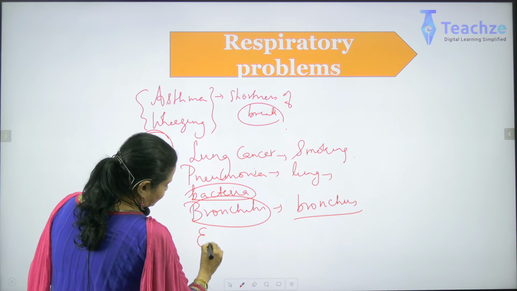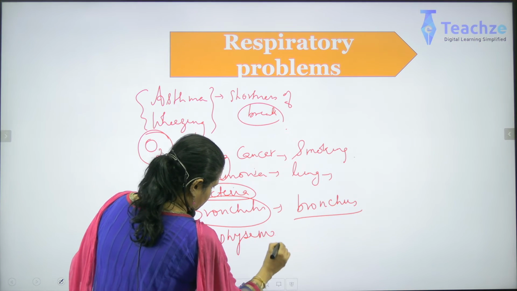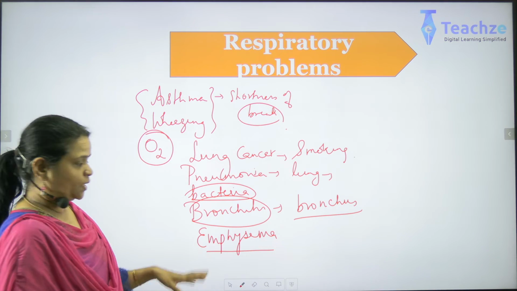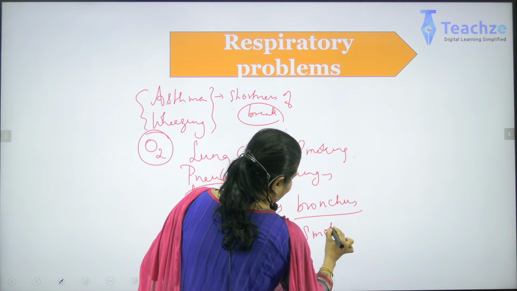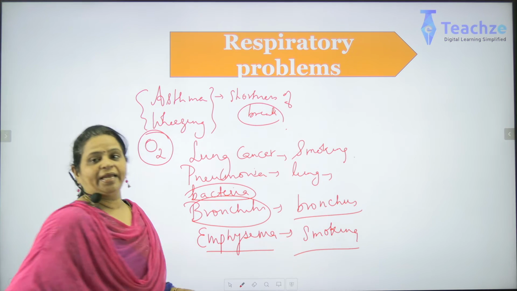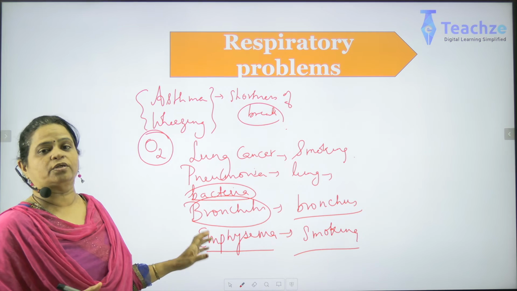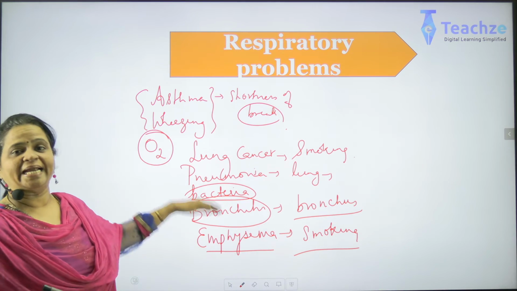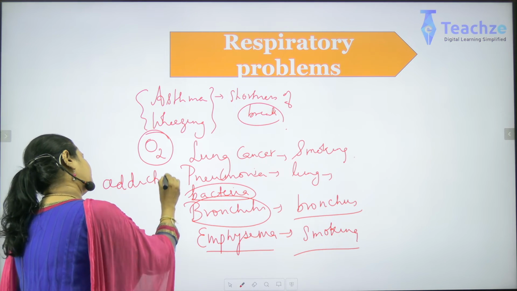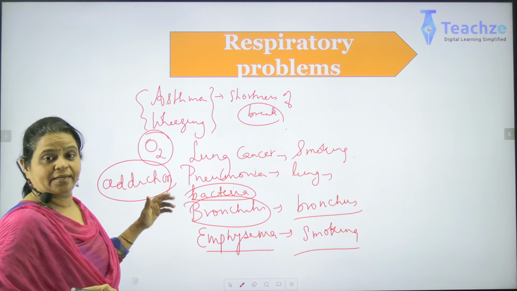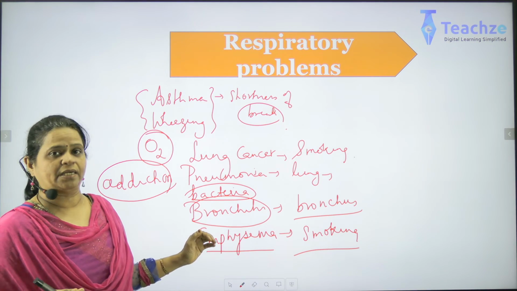Then you have another disease called emphysema. The major cause of this disease is smoking. Even though we see a lot of captions on cigarettes saying say no to tobacco or smoking is injurious, we still tend to smoke because it becomes an addiction. People think that taking one cigarette a day or ten cigarettes a day will not do any damage to the lung, but over a period of time there are a lot of changes.